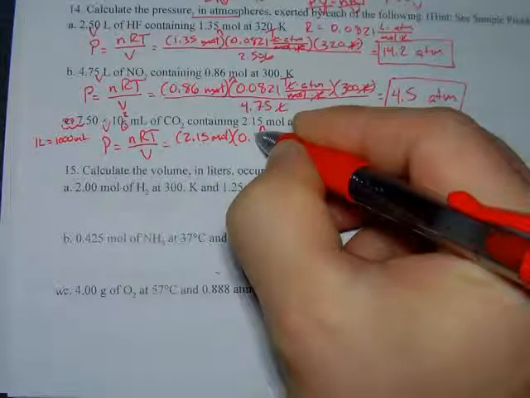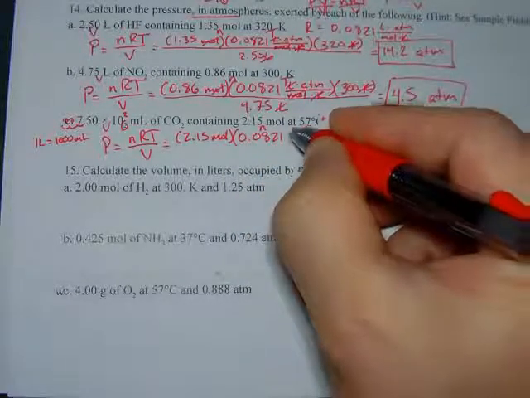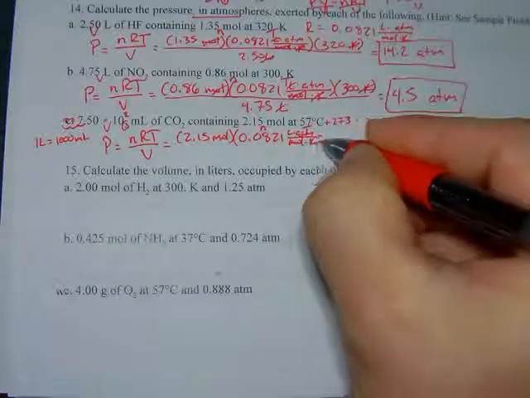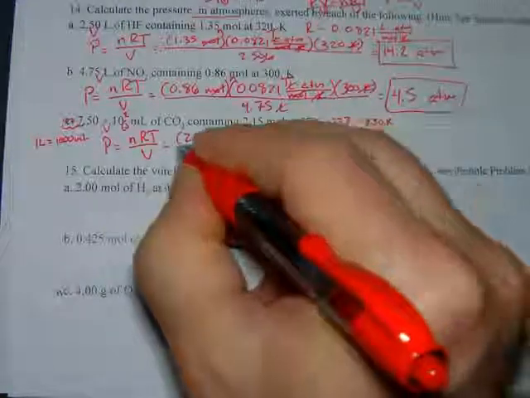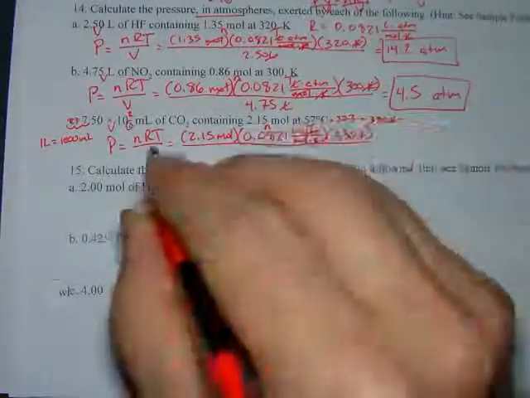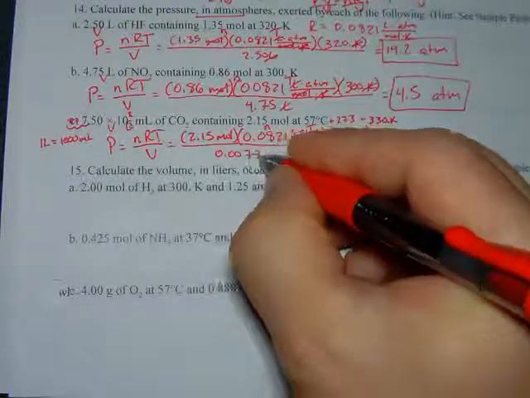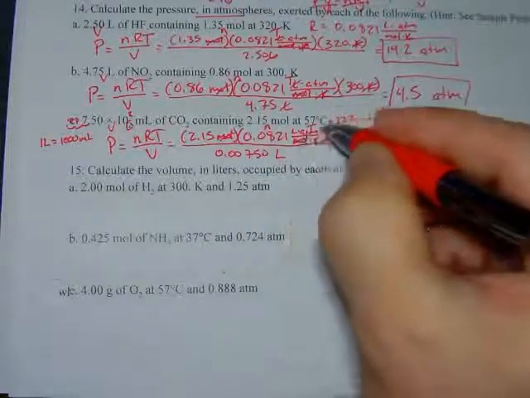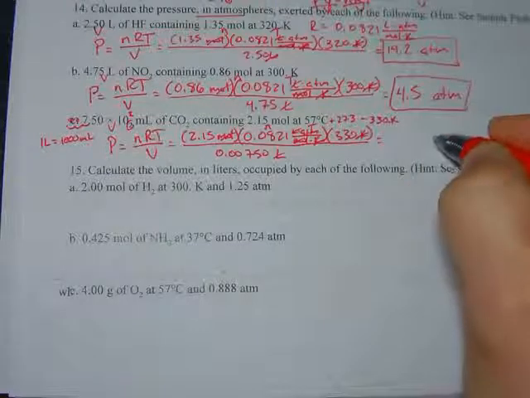Value for R, 0.0821 liters atmospheres over moles Kelvin, and then 330 K. And then I'm using that volume in liters. Again, I really like to go through and check all these things off my list to make sure that I'm not messing them up.